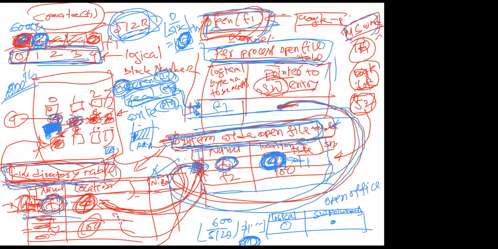F1 also points to the same location. Where is the 0 number block of the file stored inside this hard disk? It is physical number 4 in our example.